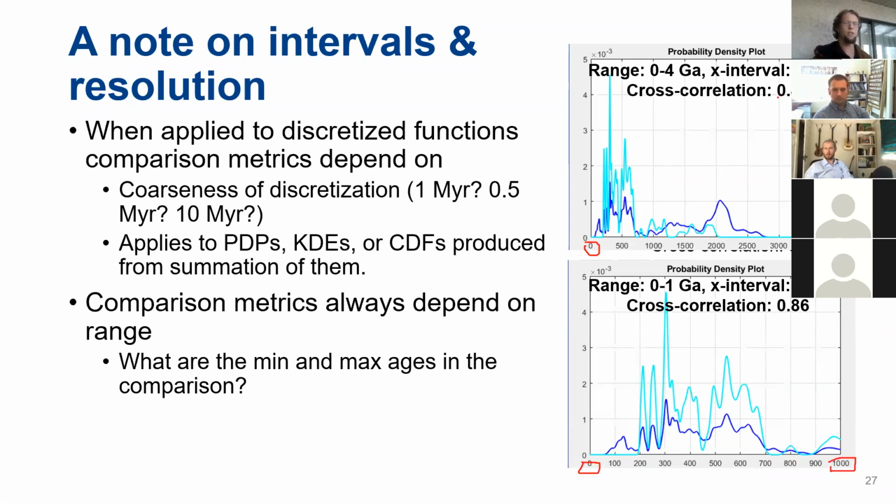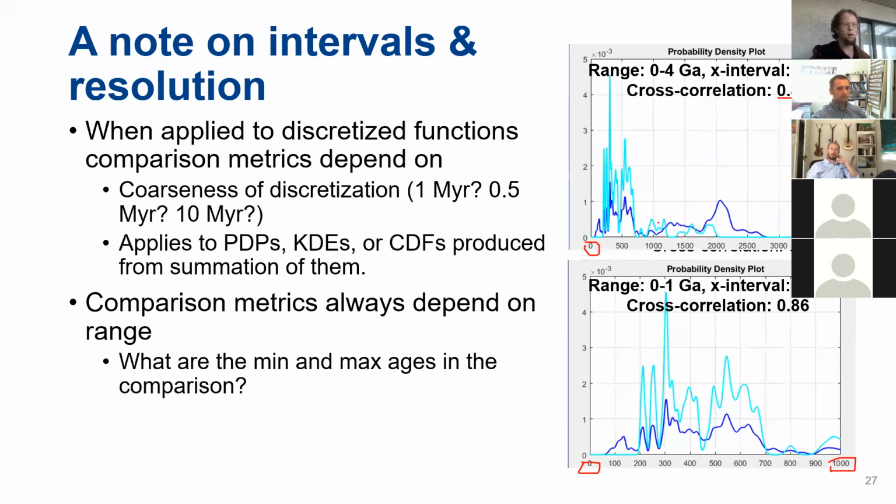And your cross correlation coefficient actually changes because of that. So if you only look at this younger interval, the cross correlation coefficient indicates that those are more closely matched than if you look at the entire interval, which is, again, both a strength and a failure of the method, right?